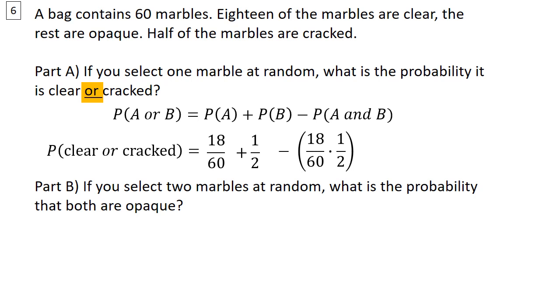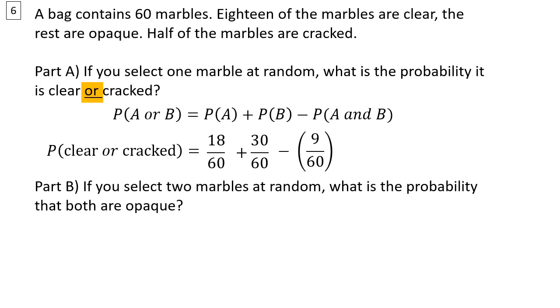And then to simplify that, since I'm adding, I probably want a common denominator, and I can make my common denominator be 60. Multiplying this is just 18 times 1/2, which is 9, 60 times 1, which is 60, so that and probability becomes 9/60.